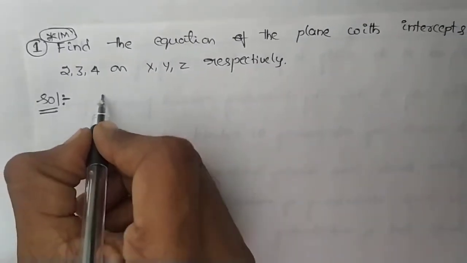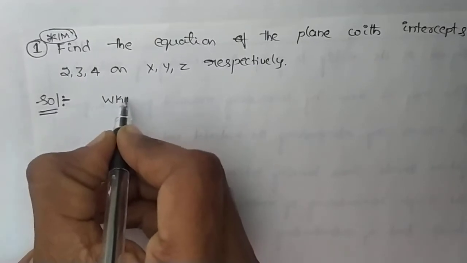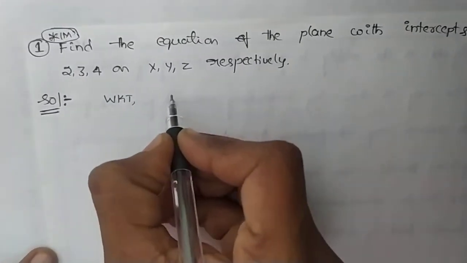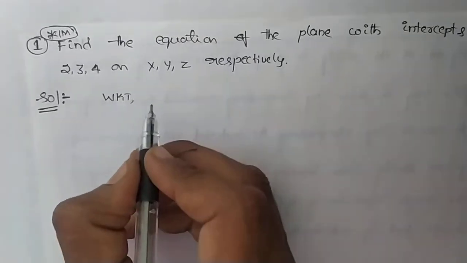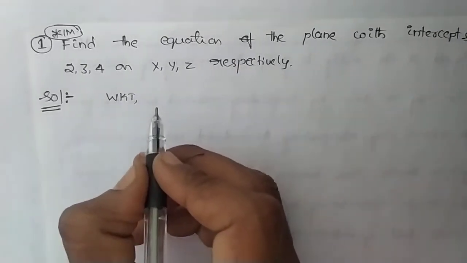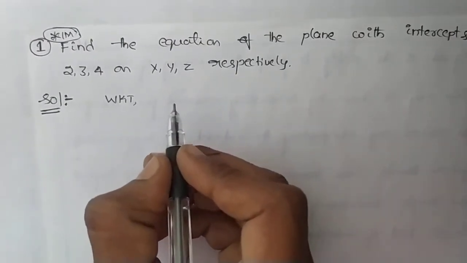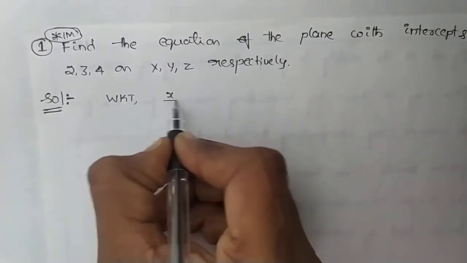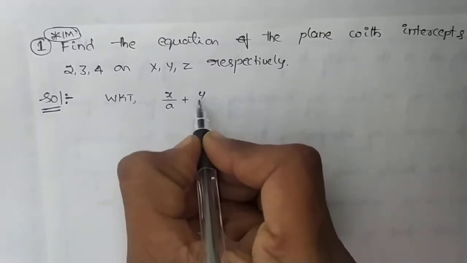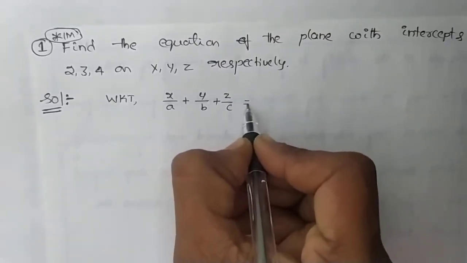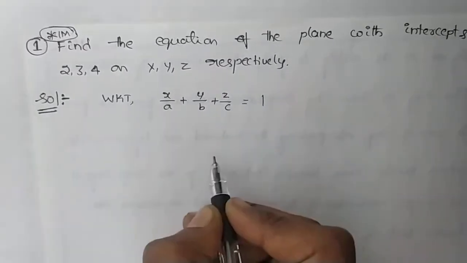Before that, what is the equation of a plane in intercept form? x by a plus y by b plus z by c equals 1, right?